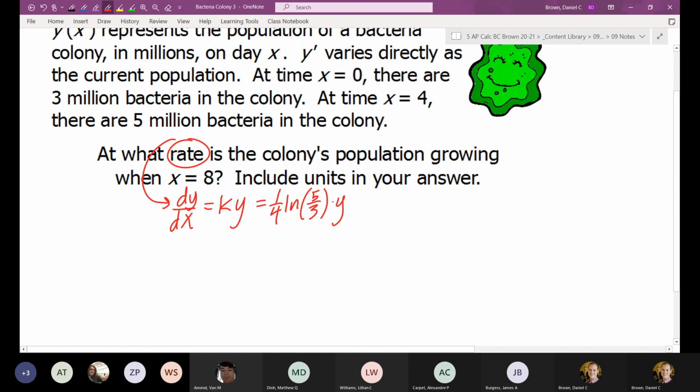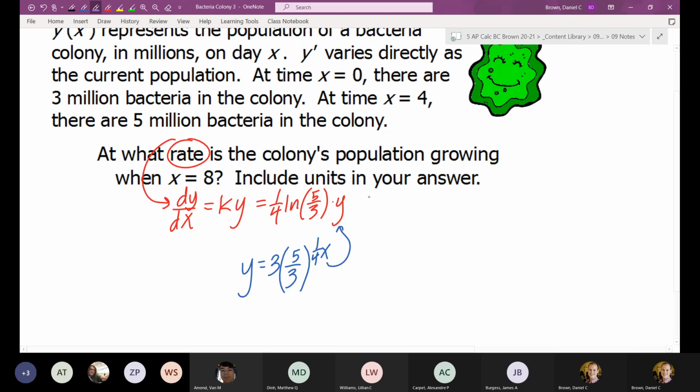But then we have to look at this and be like, oh man, we're trying to find the rate when x is equal to 8, but this derivative is in terms of y. But do we know what y is? Yeah, we just spent all that time solving for it. What was y? y was equal to 5/3 to the 1/4 of x. So I can plug that in.